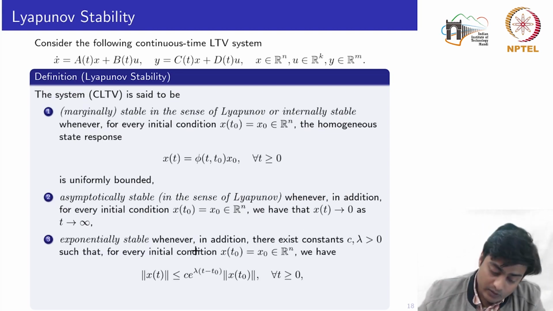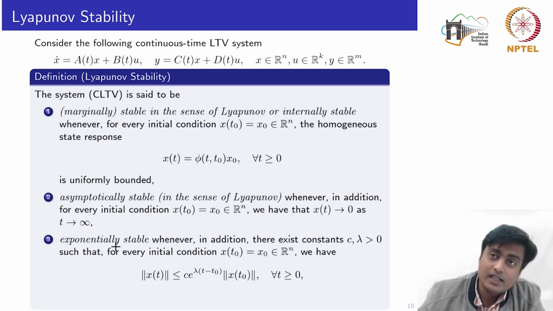Exponentially stable means that in addition there exist constants c and lambda, both positive scalar values, such that for every initial condition x naught the norm of the signal x of t is always less than or equal to c times e to the power lambda (t minus t naught) times the norm of the initial condition.